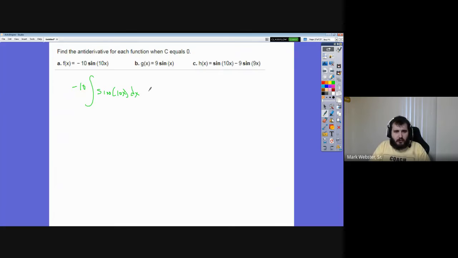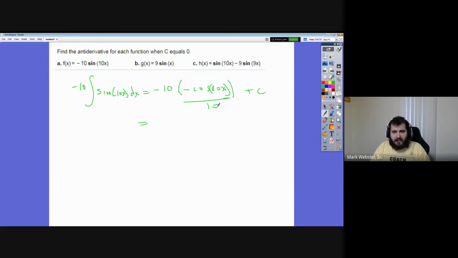So we got the negative 10 out here times negative cosine of 10x, and I divide by the coefficient, plus c. So let's clean all this up.